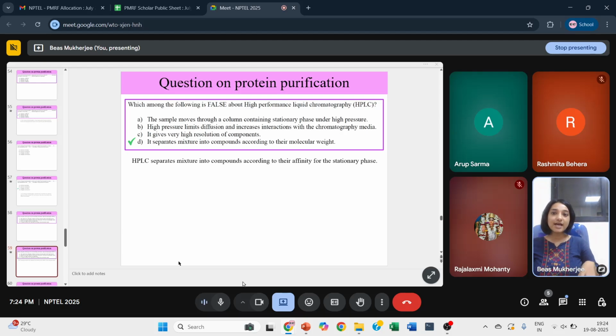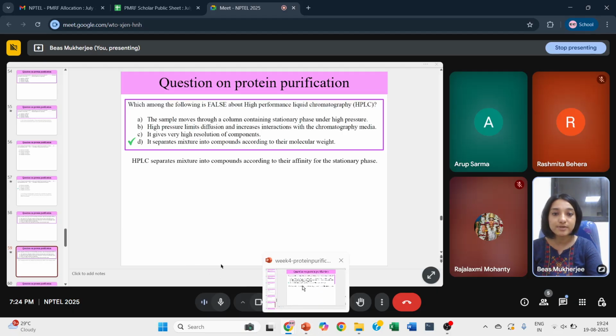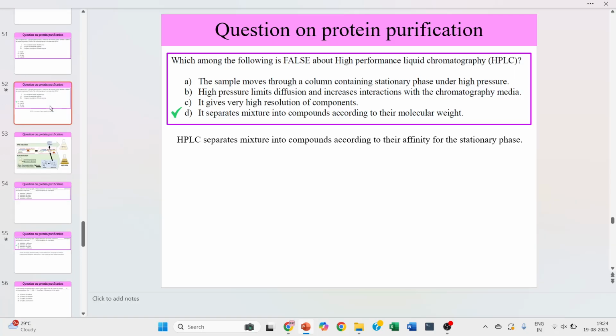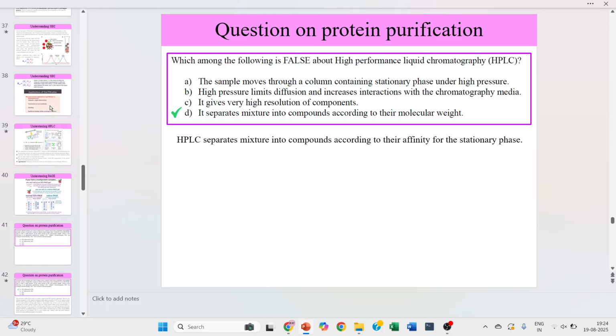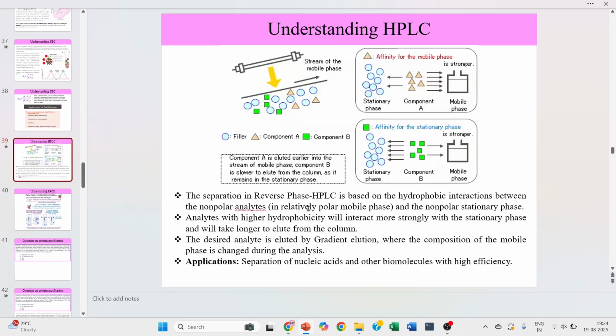Now second one is high pressure limits diffusion and increases interaction with the chromatography media. The third one says that it gives very high resolution, which is 100% true. Now the fourth one, it is saying that it separates the compounds according to their molecular weight. But what HPLC does is, we saw here in this slide that HPLC is actually separating the components based on their affinity with the matrix, right?